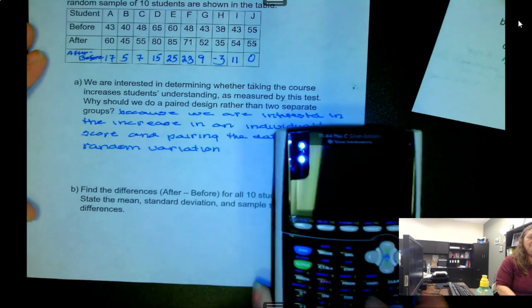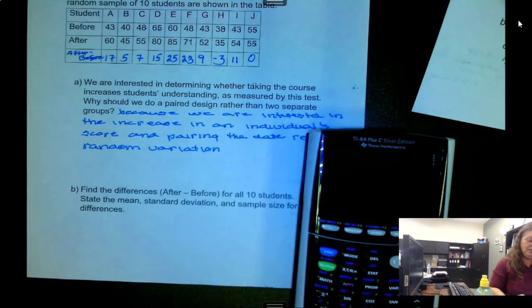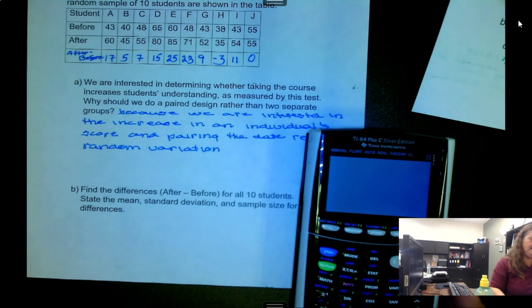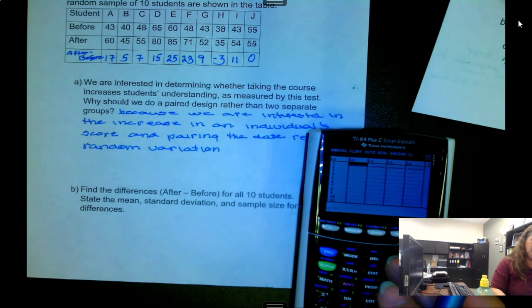Now to find the mean and standard deviation, we're going to work with the last row of data, the differences, and enter them into the calculator. First, we need to clear out anything that happens to be there, and we're going to enter these values into L1.